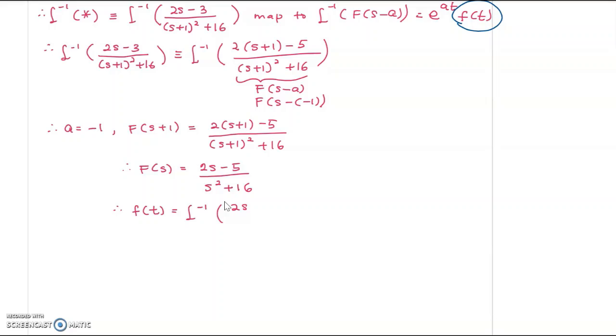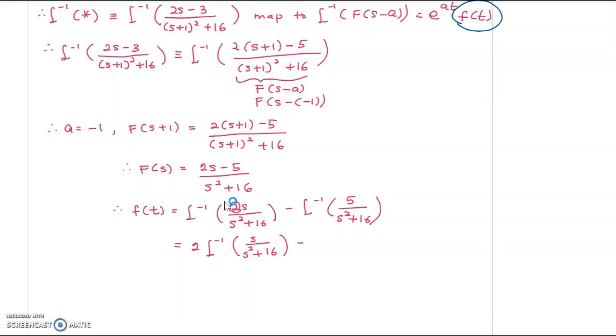So this is the inverse of 2s over s squared plus 16, minus the inverse of 5 over s squared plus 16. Now if we map to the table, these two constants can be put aside. In the bracket, we have s over s squared plus 16. The 16 is actually 4 squared. Then by the table, it is straight away the cos.